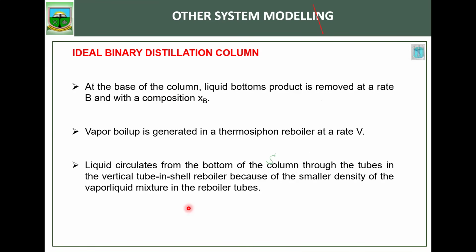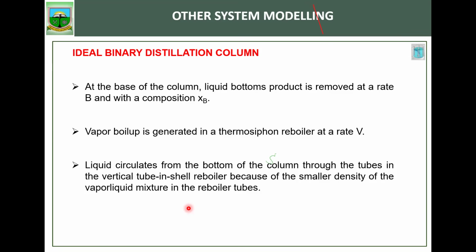And then we also say that at the base of the column, the liquid bottom product is removed at a certain rate, and then we have a vapor from the reboiler which is generated, and then we put the vapor back into the system. This is to purify the heavy product also from any lighter components before it goes out. So we do that at both ends.